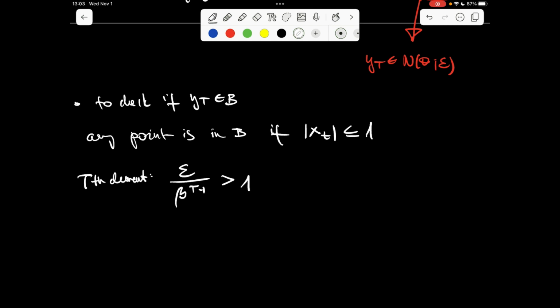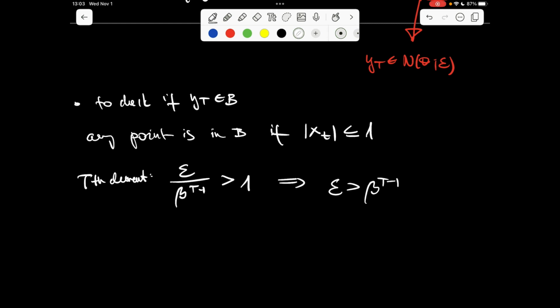No matter how small epsilon is, we can find an appropriate beta and an appropriate t for which epsilon is greater than this very, very small number.